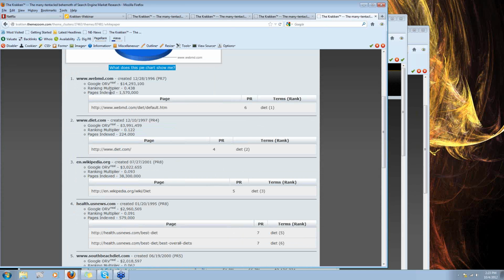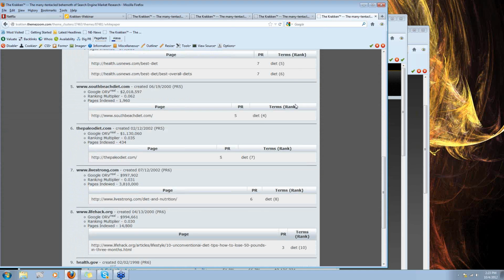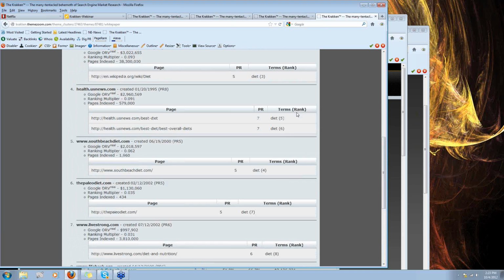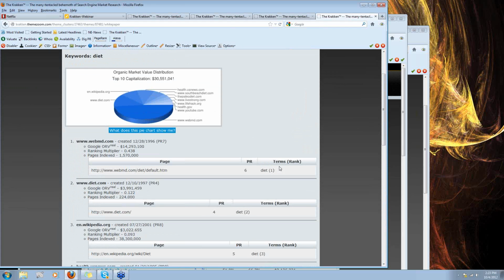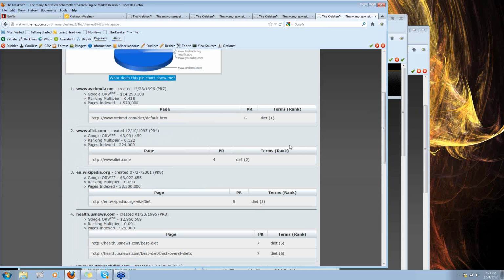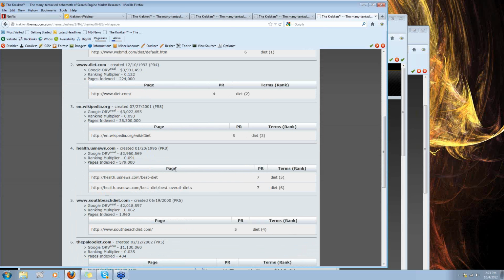Where we've only got one keyword here, this becomes a much more straightforward screen. So it's a good place to start. We've got the position that this domain holds, and it looks at it from a domain perspective. So you'll see here this particular domain, usnews.com, actually holds 2 different spaces.